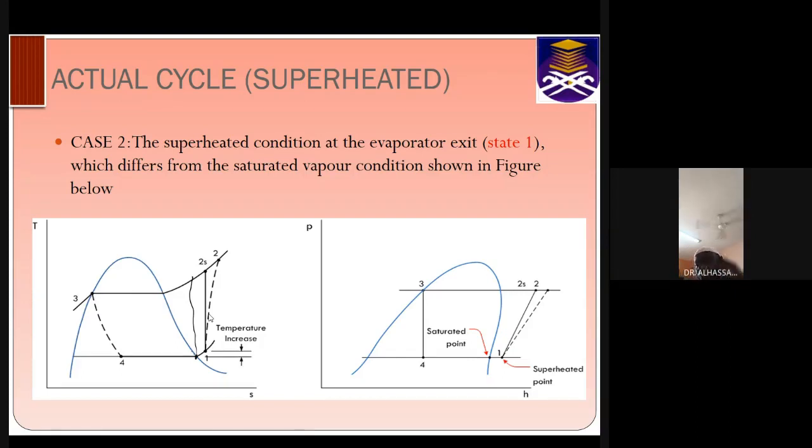If you compare the theoretical and actual situations, there is a small temperature difference. Similarly, on the diagram, there will be an increase in entropy and enthalpy. This is the saturated liquid state and saturated vapor state, and since there is an increase in temperature, it shifts a little to the right in this way.